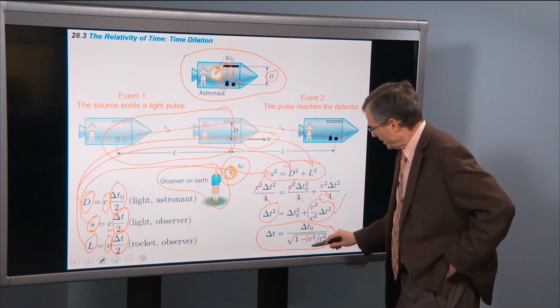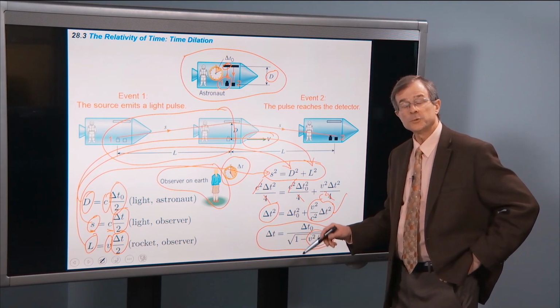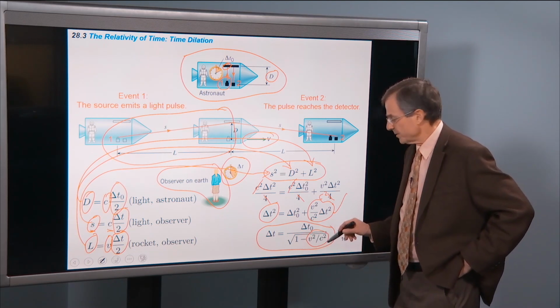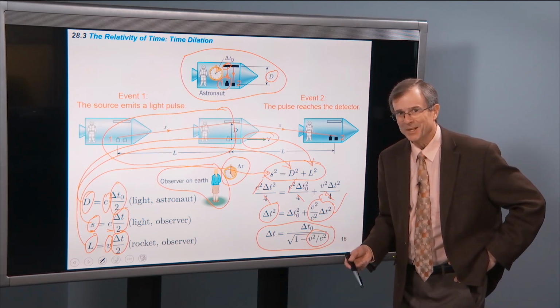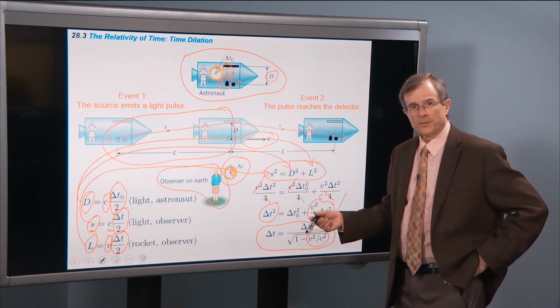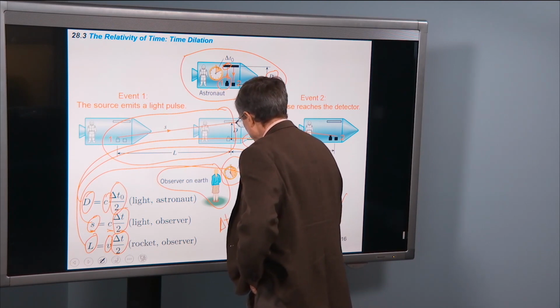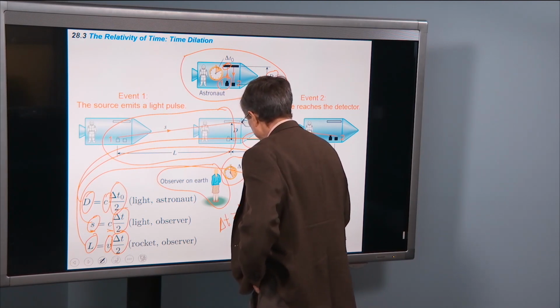So this number here will be less than 1. I'll have 1 minus something that's less than 1, which will be less than 1. And the square root of something that's less than 1 will still be less than 1. And 1 over a number that's less than 1 is greater than 1. So that says that delta t will always be greater than delta t naught.